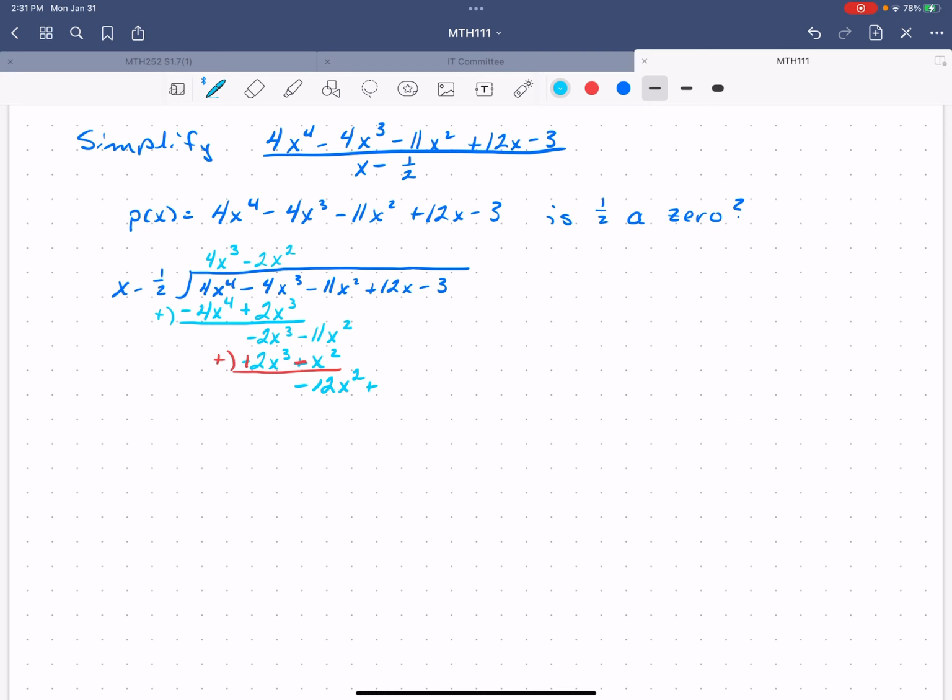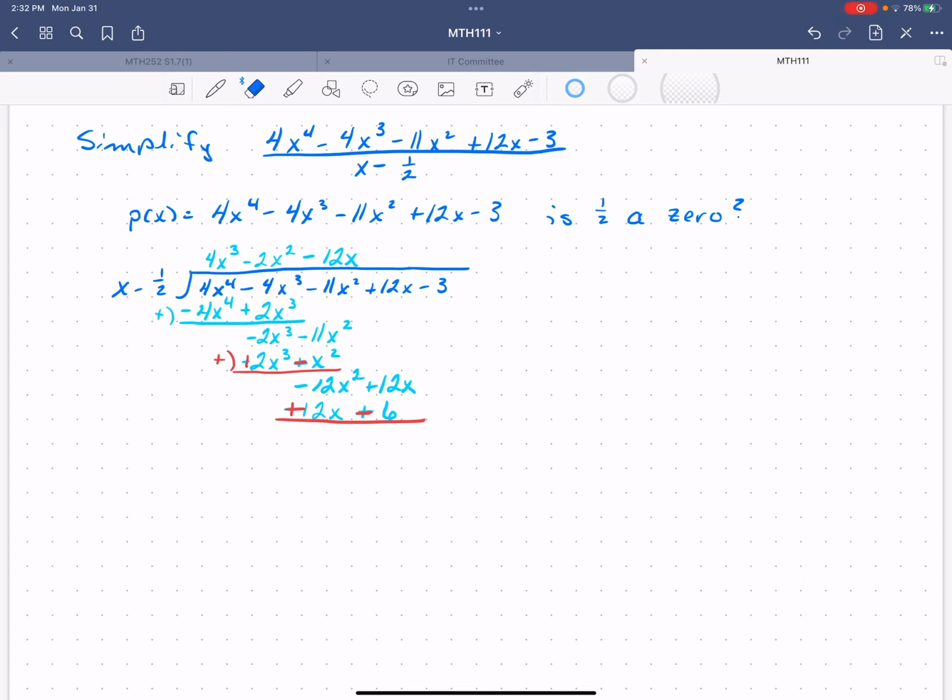And I bring down the plus 12x. Now I ask myself, what do I need to multiply x by in order to get negative 12x^2? And the answer is minus 12x. Multiply negative 12x through by x - 1/2. I get negative 12x^2 + 6x, but I remember I'm subtracting, so I'm going to add the opposite.